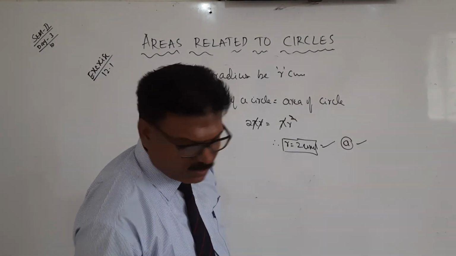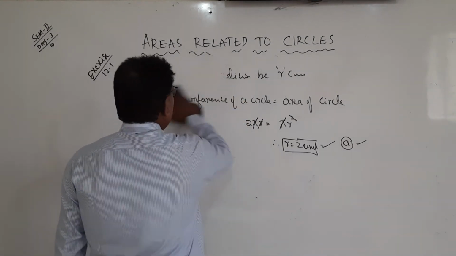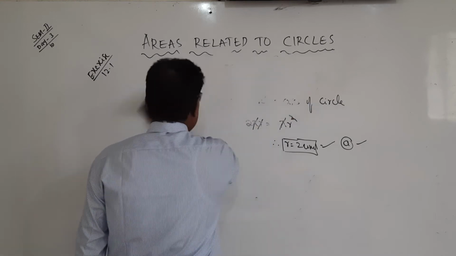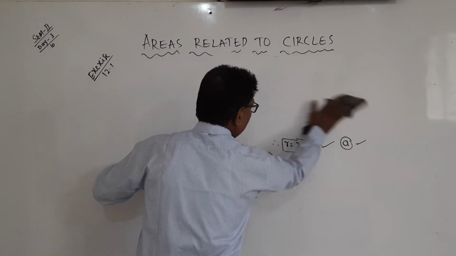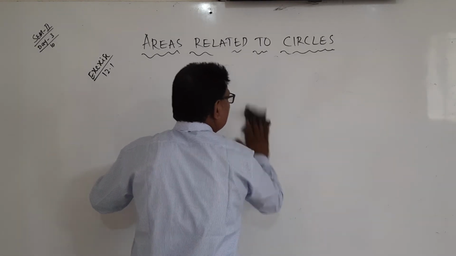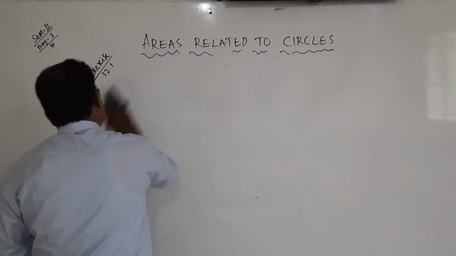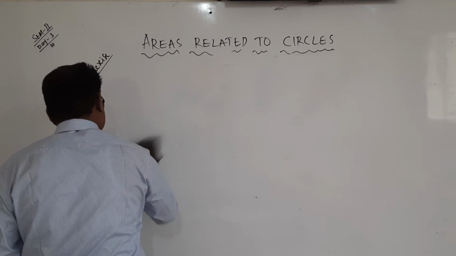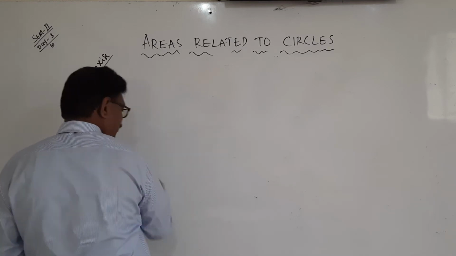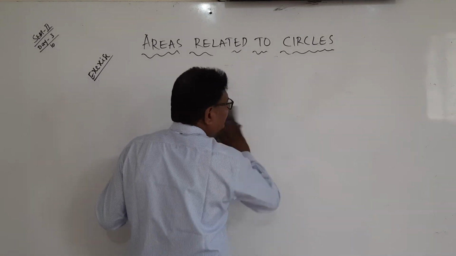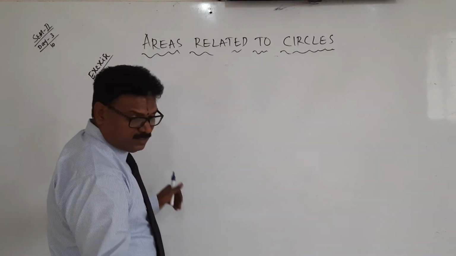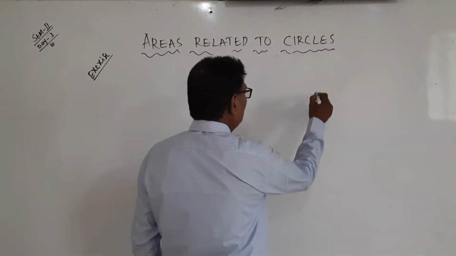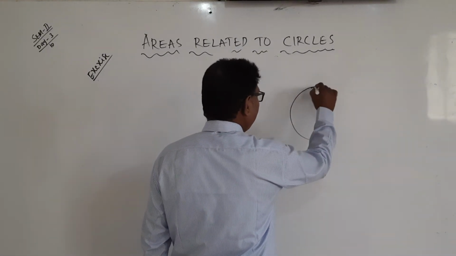Okay. Now we did some direct problems on circles only. Now circles will be included with some other figures. As well, in the circle we have found only the total area.